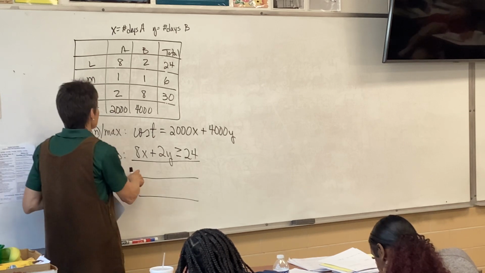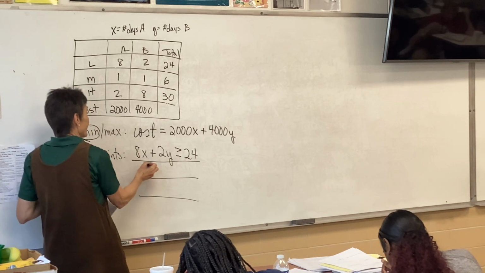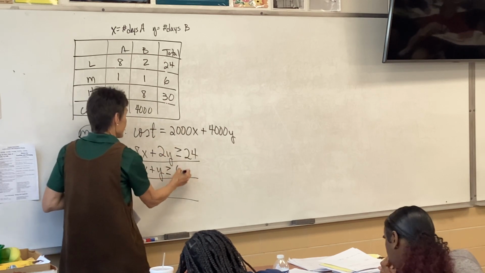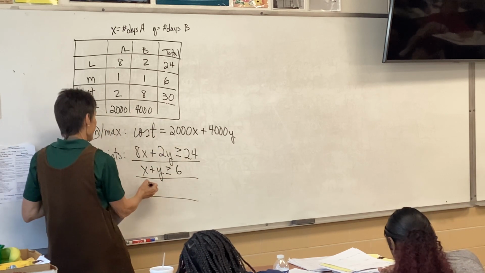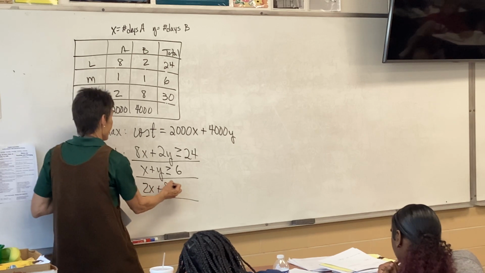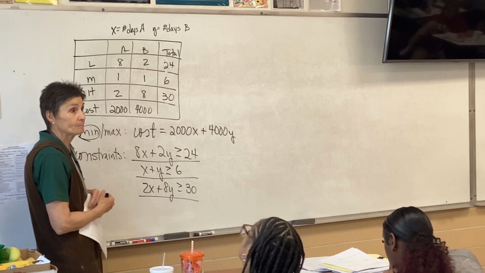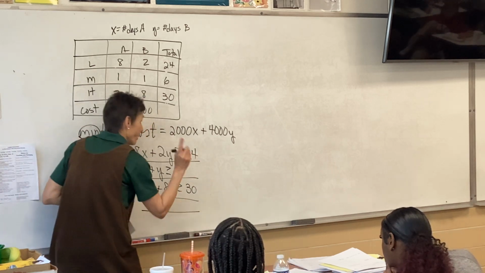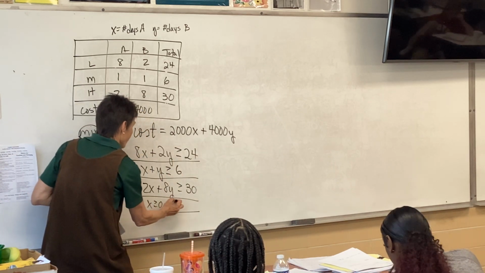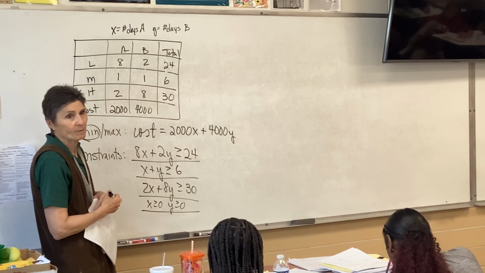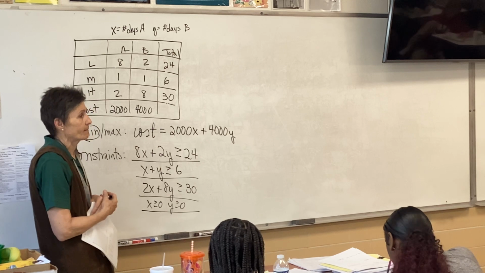All right, what's another constraint then? X plus Y greater than or equal to 30. And then of course, once again, aren't X and Y both going to be positive? They are in all these problems. These are business problems.